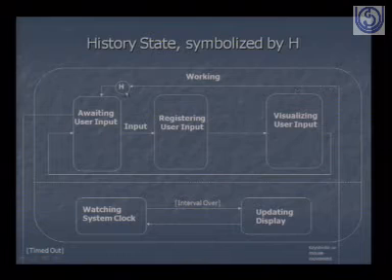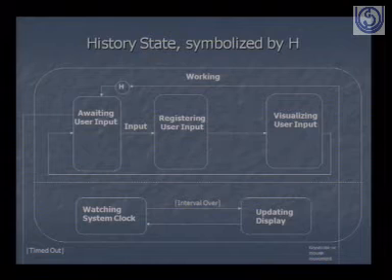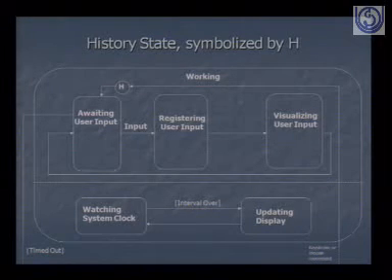So the H inside the circle is once again connected to the awaiting user's input. So I am working with the system. I kept away for 10 minutes, 15 minutes, and then the system went on to the screen saving mode or screen saving state.